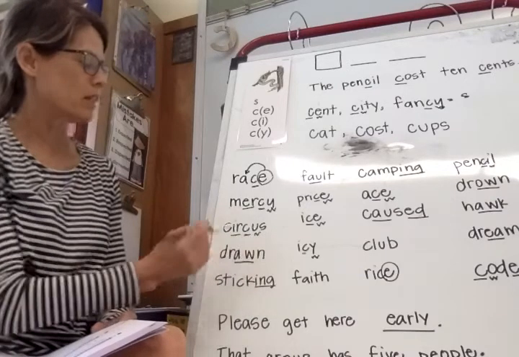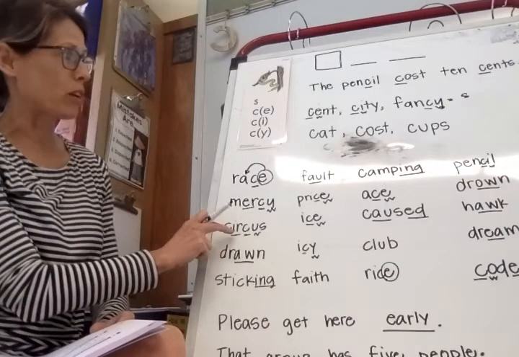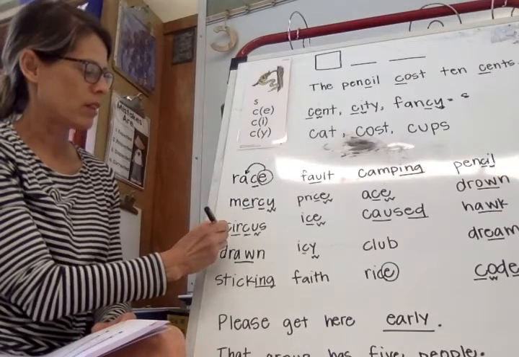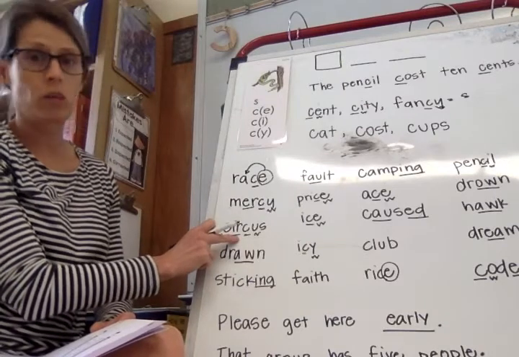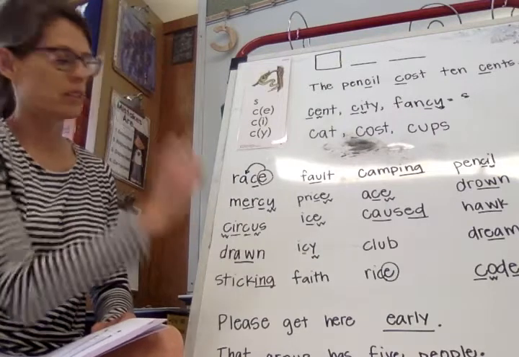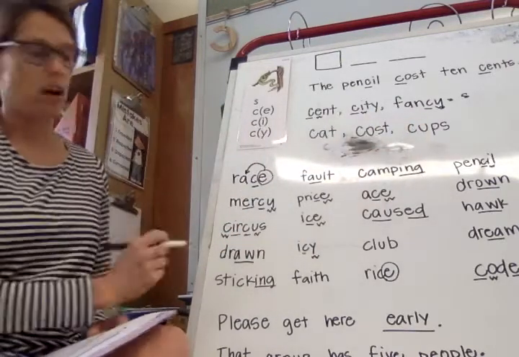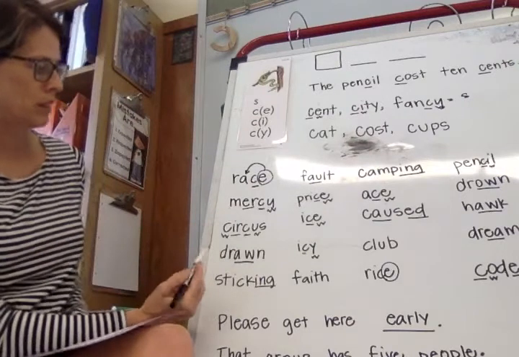Us. So here we have the C with an I after it. So it's saying S. We also have that C going k, us, because when it's a U, it makes the k sound. Circus. That was a tricky word.